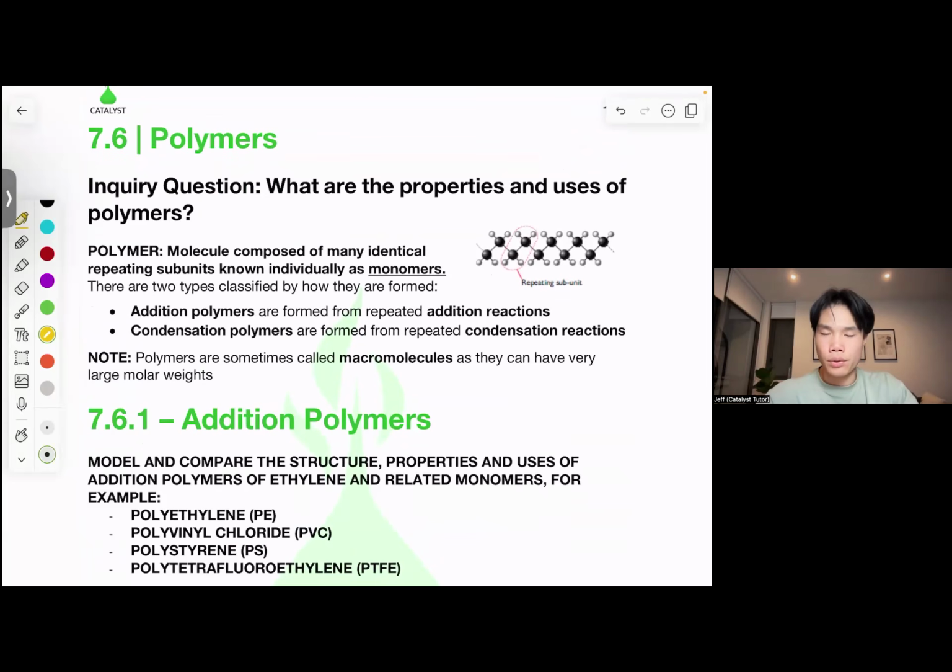Addition polymers, you make use of a process we like to call addition, where you have initiation, propagation, and termination, whereas condensation polymers are formed from condensation reactions, where you are either doing an esterification, making an ester linkage in the case of PET, or you're doing a production of amide from the reaction of an amine with a carboxylic acid.